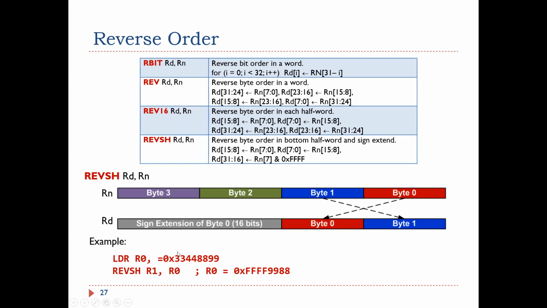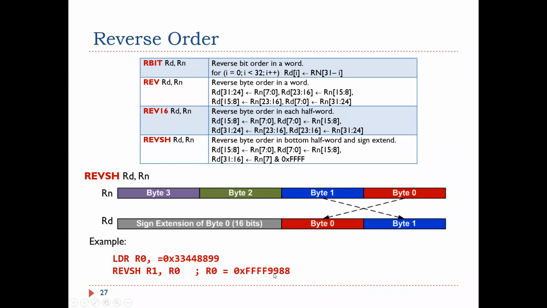First of all, the top half word will be completely ignored, so we ignore 3344. And the lower half, 8899, will be reversed in byte order. That means 88 will be the upper... the lowest byte here, and 99 will be the upper byte here.